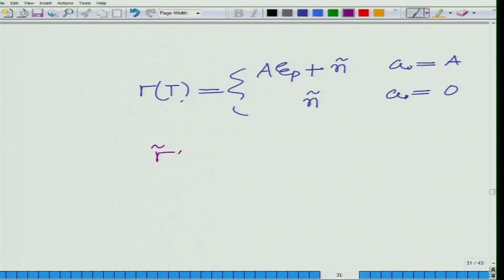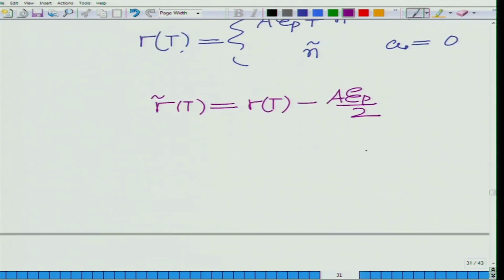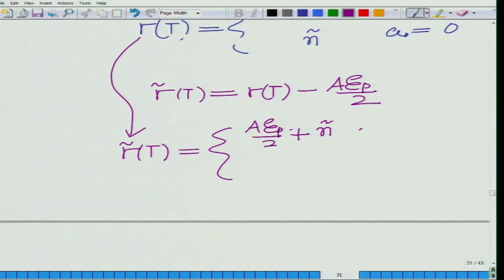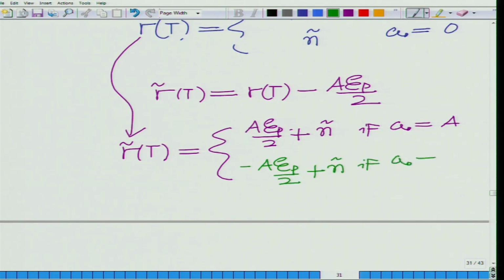Now, if we consider R tilde t equals R t minus AEP by 2, then R tilde t will be AEP minus AEP by 2, that is AEP by 2, plus n tilde if A naught equals A, and this will become minus AEP by 2 plus n tilde if A naught equals 0.